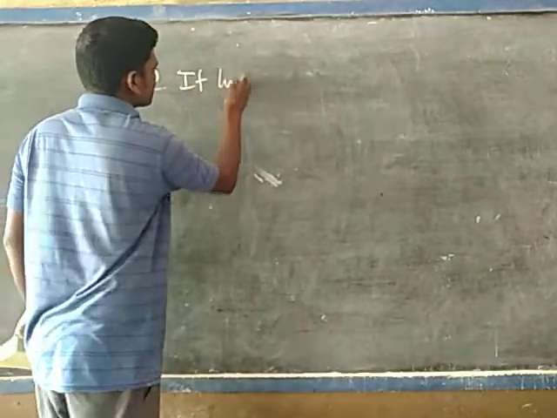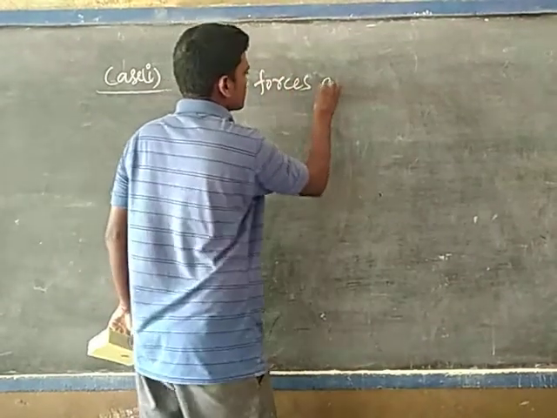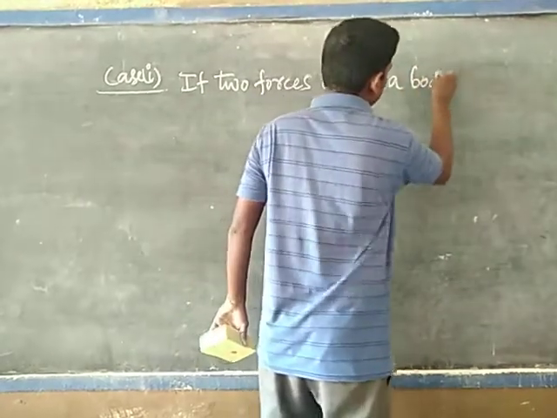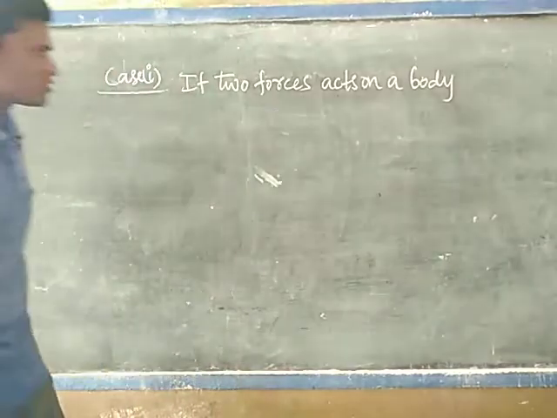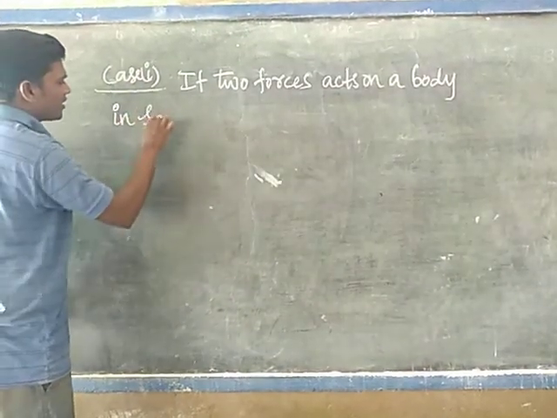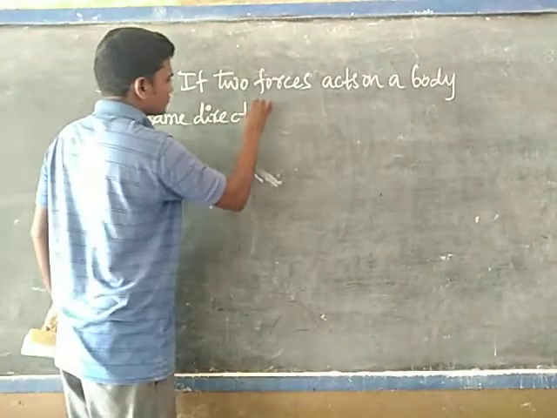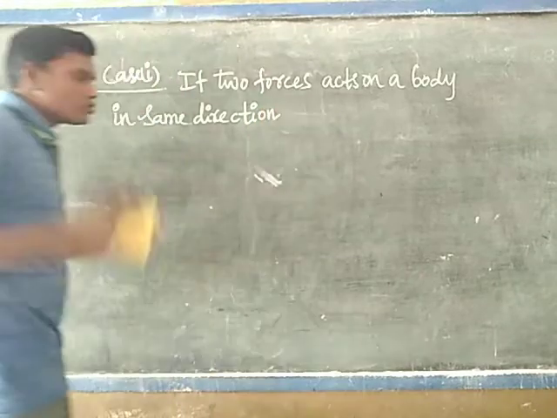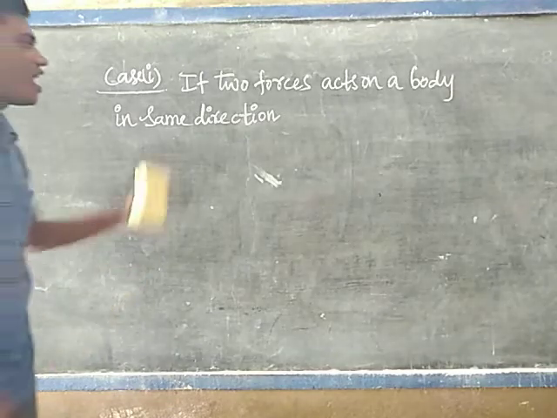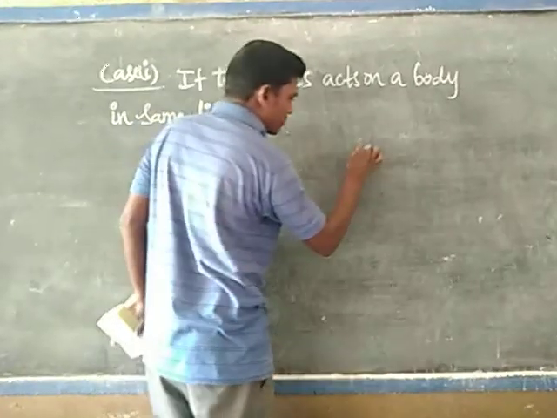If two forces act on a body, listen very carefully. If two forces act on a body in the same direction, so two forces are acting on the body in the same direction, what is the net force? That is it. Now let us come to understand it.